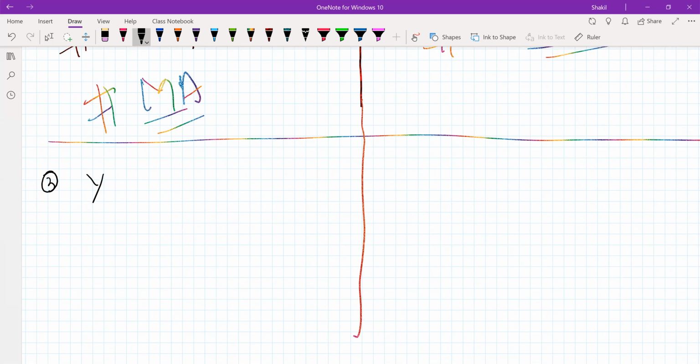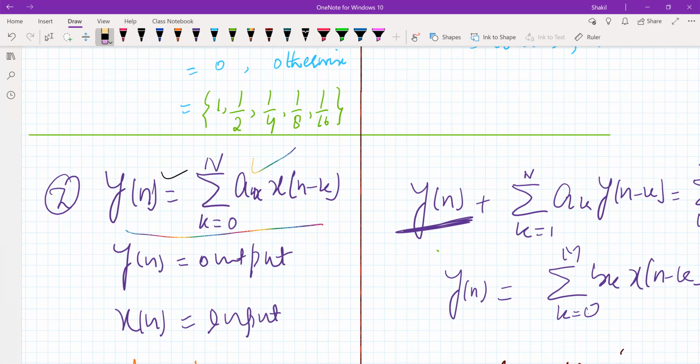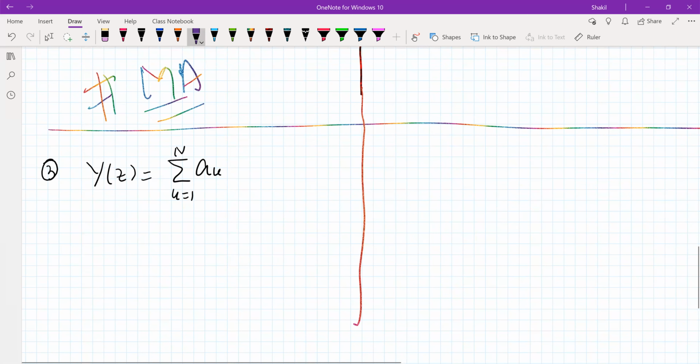So taking the z transform of this on both sides, this will be summation k from 1 to m a_k. Let me not use a_k here, because there is b_k on the output here. Let me keep it consistent and let me keep the order equal to m, so that it becomes consistent with that expression.